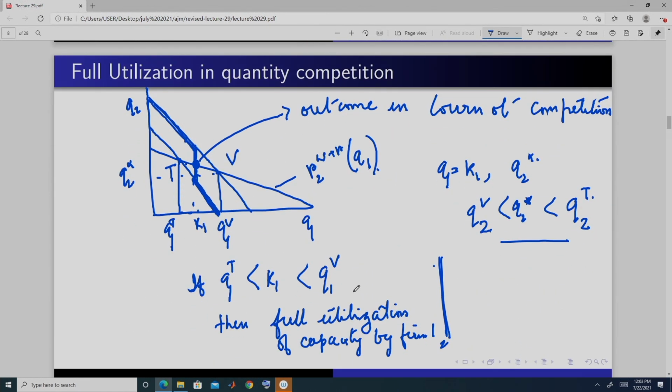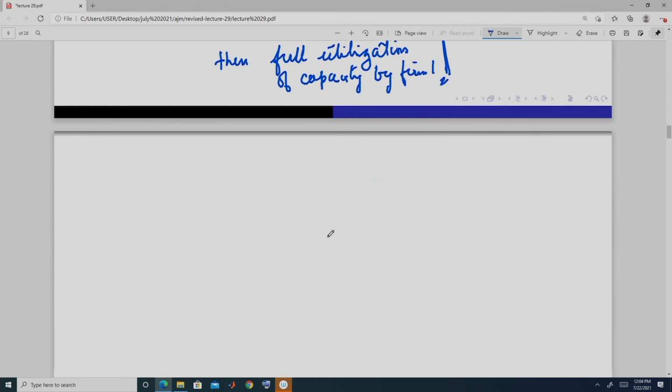If the capacity of firm 1 lies within this range, then the outcome is at this point which lies between T and V, and there is full utilization of capacity. Okay. So, these are the 3 possible outcomes when firm 2 enters in stage 2.